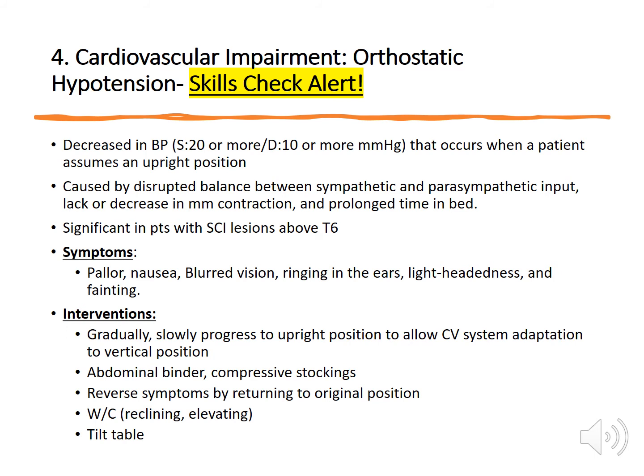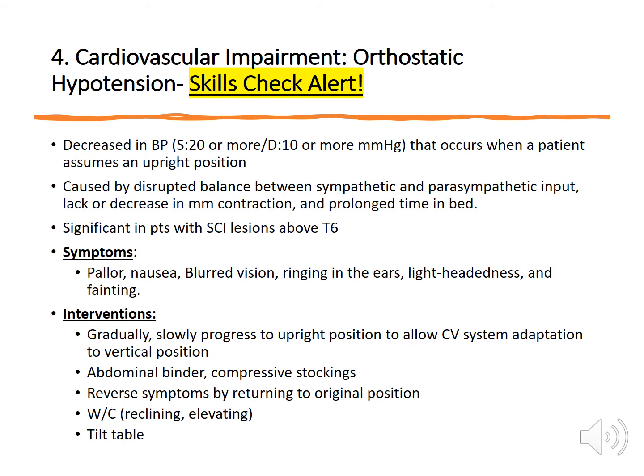The abdominal binder or compressive stockings may also help with this cardiovascular impairment. And you obviously want to reverse symptoms by returning the patient to the original position if they do not recover.